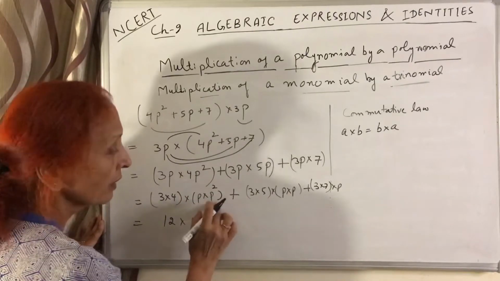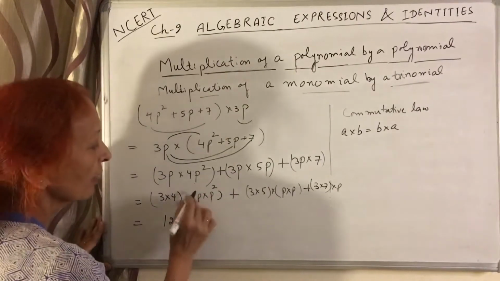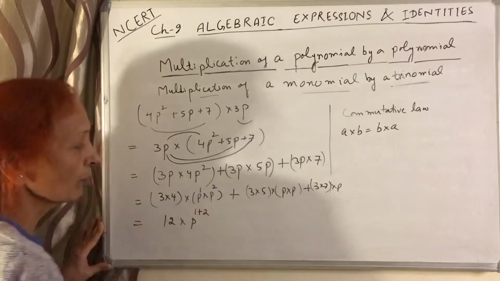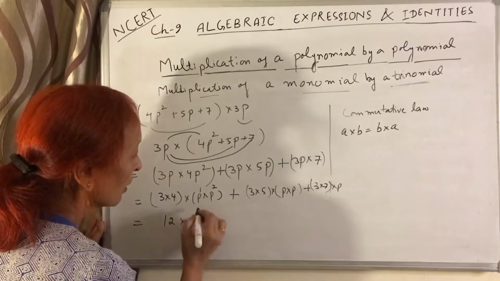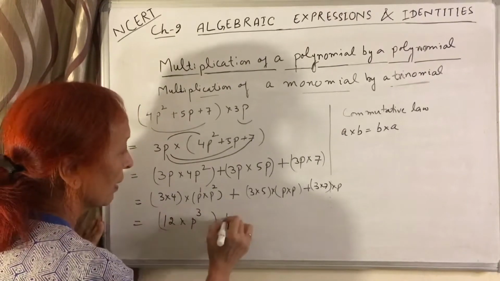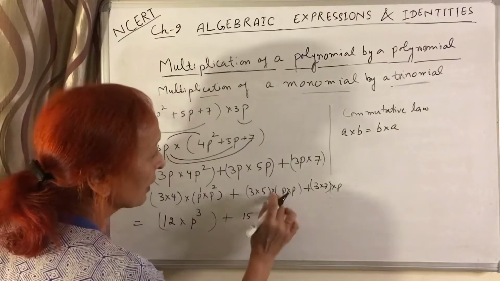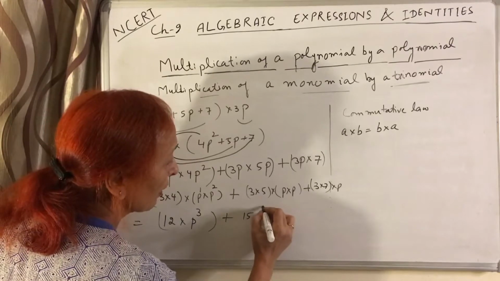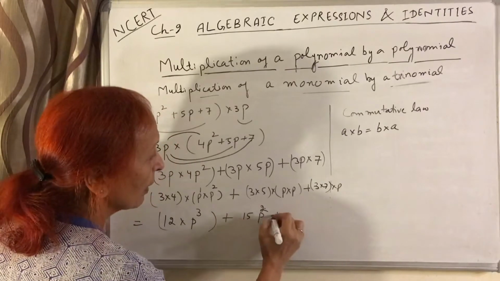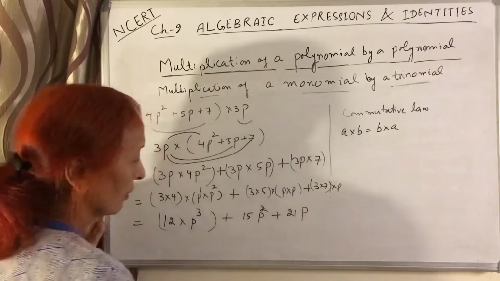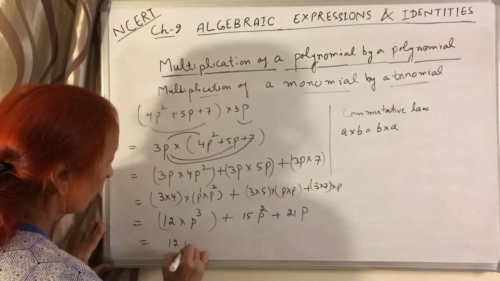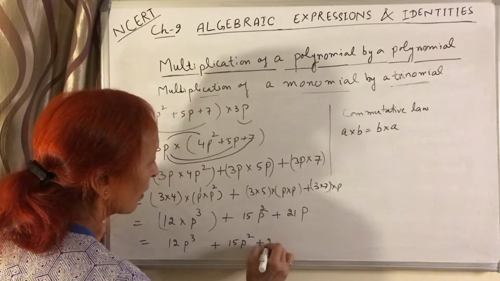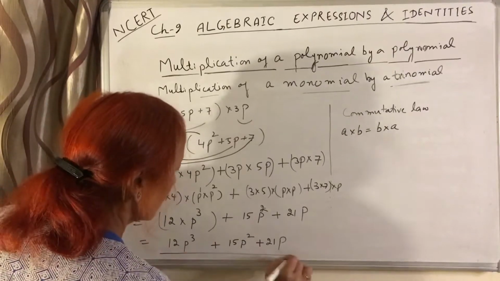Here p is the same base. Here no power means 1. So powers will be added, 1 plus 2, so this will be 3. Plus 3 into 5, 15, same base p, powers are added, 1 plus 1, 2, plus 3 into 7, 21p. So this is 12p cube plus 15p square plus 21p. This is the answer.